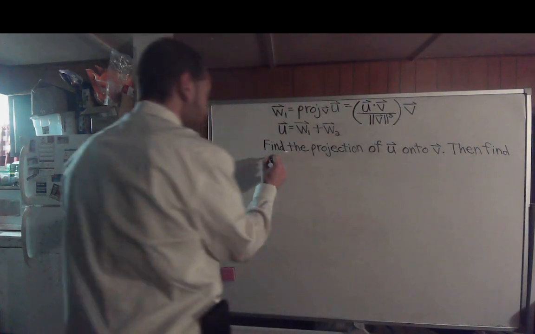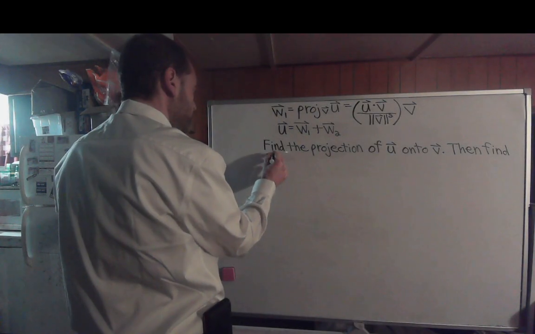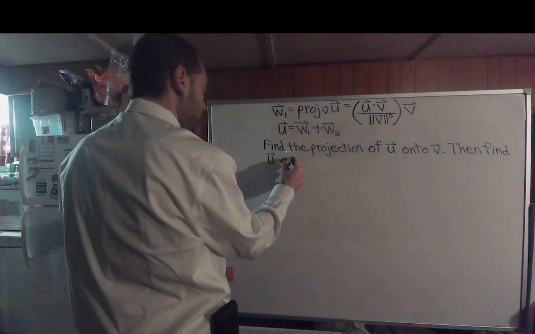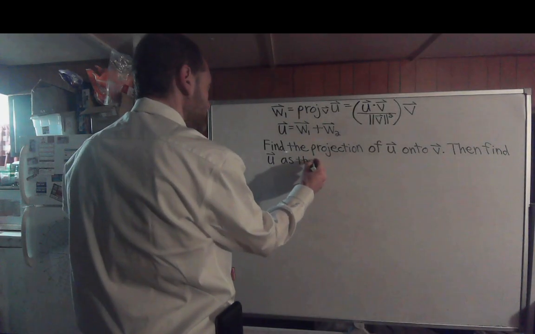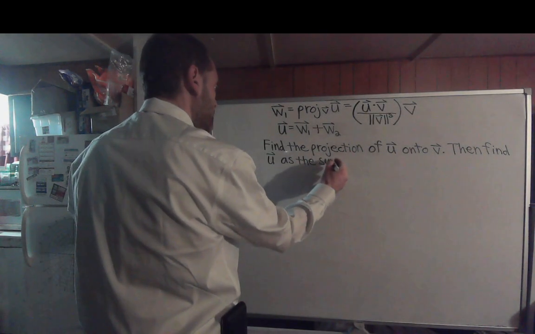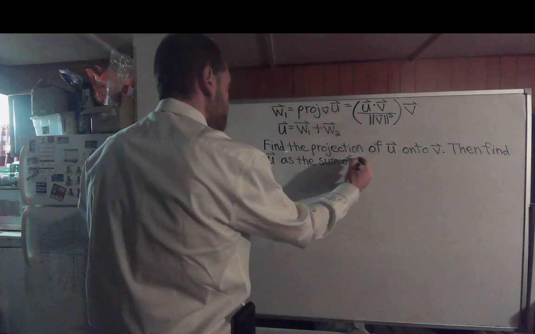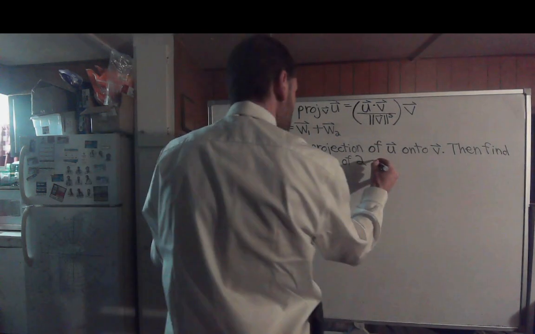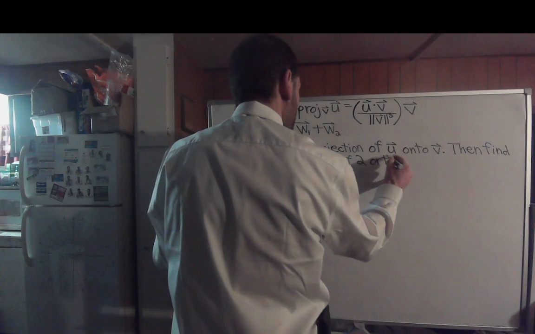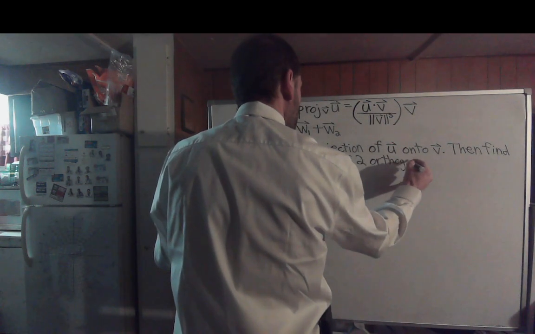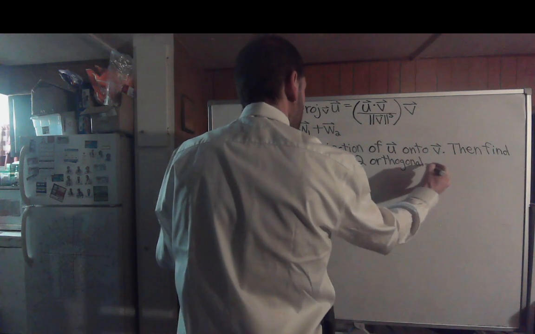Then find vector u as the sum of two orthogonal vectors.